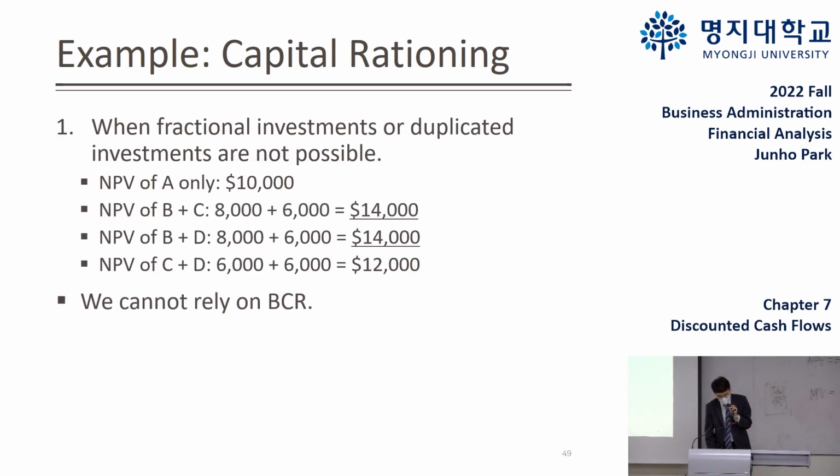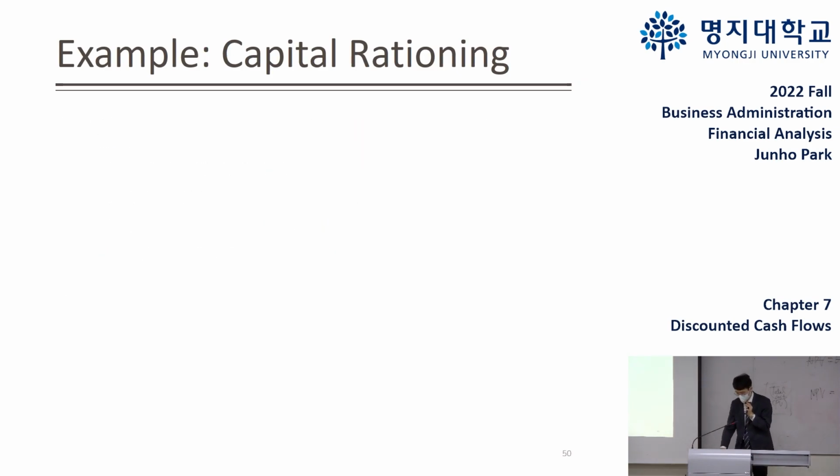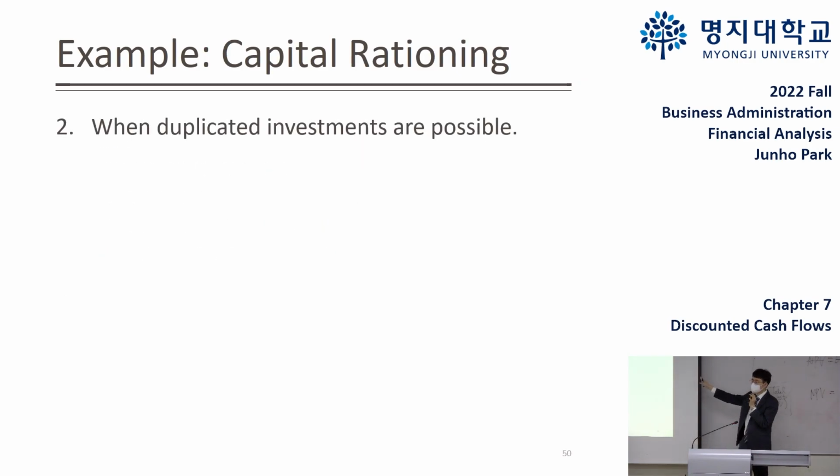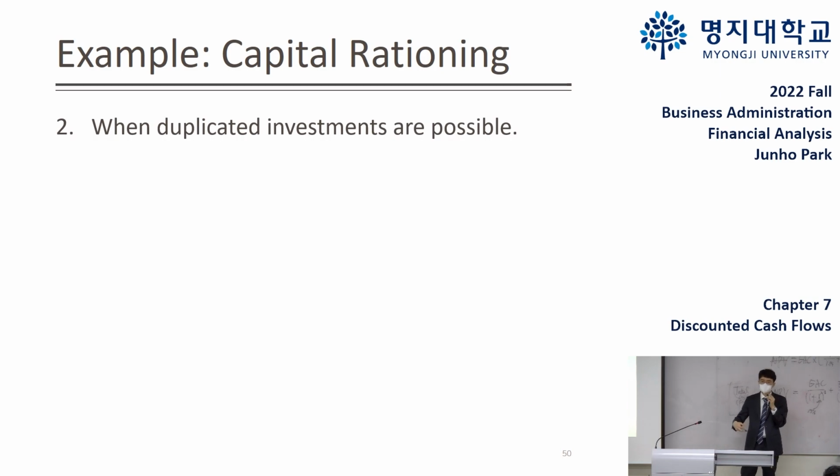And let me think about another condition. So in the previous analysis, we assumed that there is no fraction or the duplication in our investment. However, let me just think about the duplicated investments. So you may be quite surprised, or it may seem unrealistic to have a duplicated investment.